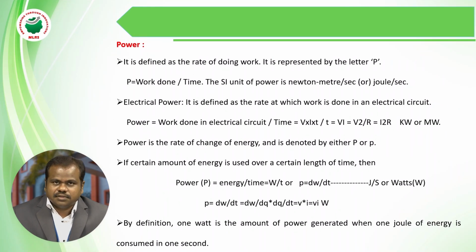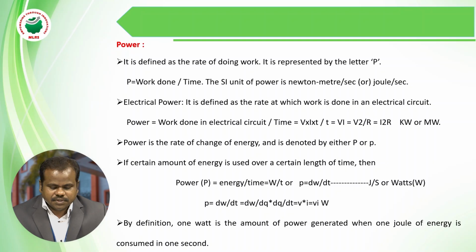And next, the term power. It is defined as the rate of doing work, represented by the letter P. So P is equal to work done per time, and the SI unit of power is Newton meter per second or joule per second. Electrical power is defined as the rate at which work is done in an electrical circuit.